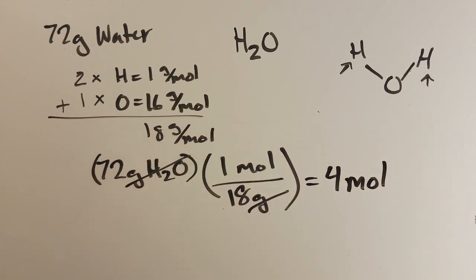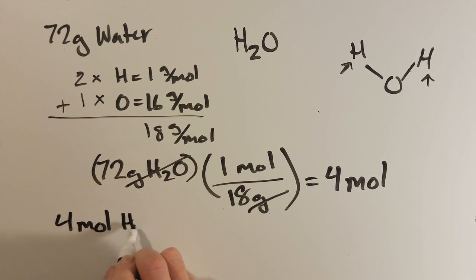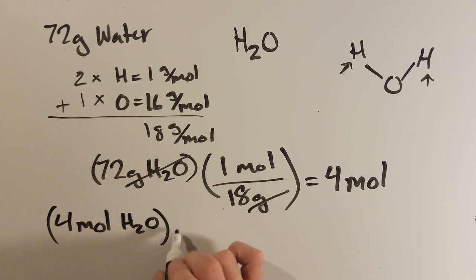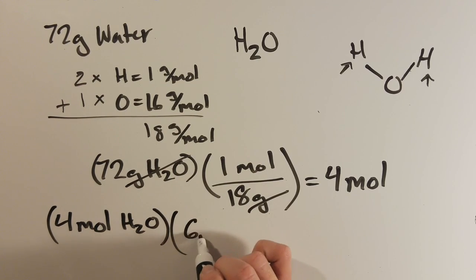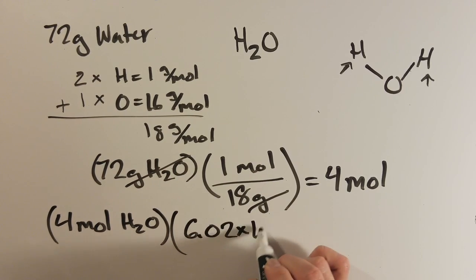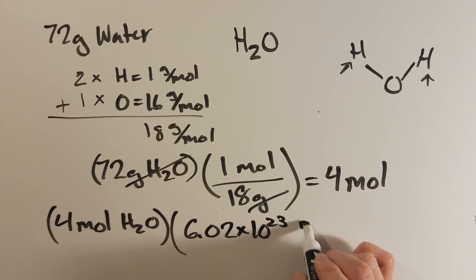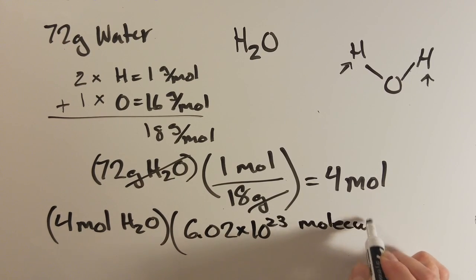Okay? So now we need to know how many molecules do we have, right? Again, we need to do dimensional analysis, and we need to use Avogadro's number. So 4 moles of H2O times 6.02 times 10 to the 23 molecules per mole.